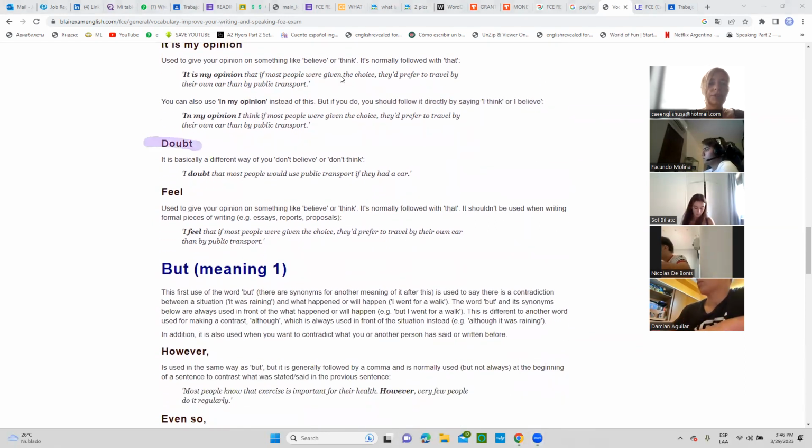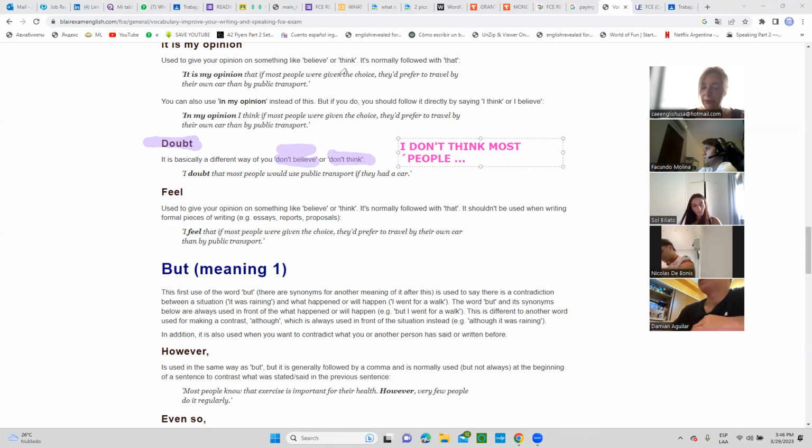Okay, doubt. It is basically a different way of saying that you don't believe or you don't think. I doubt that most people would use public transport if they had a car. This is another way of saying I don't think most people would use public transport if they had a car.